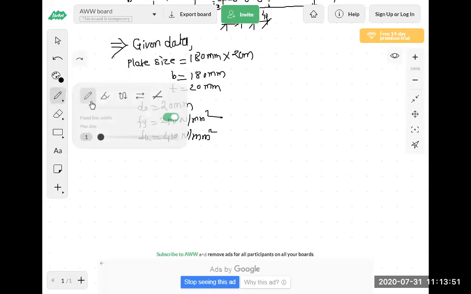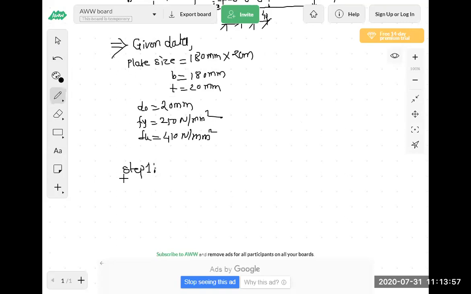Okay. Now we have to follow the procedure. Step 1. What is step 1 in our load carrying capacity procedure? Step 1 is calculate diameter of bolt hole, that is DH.